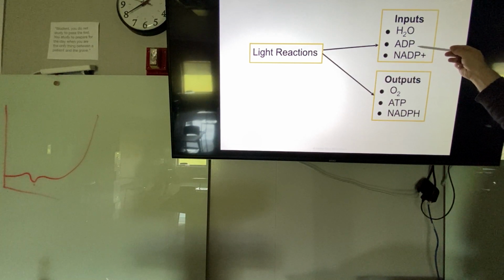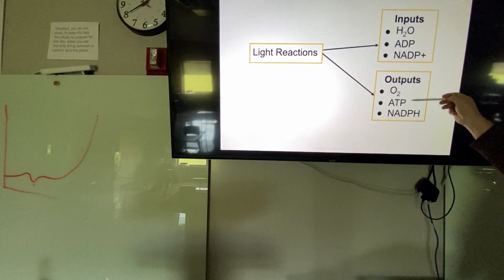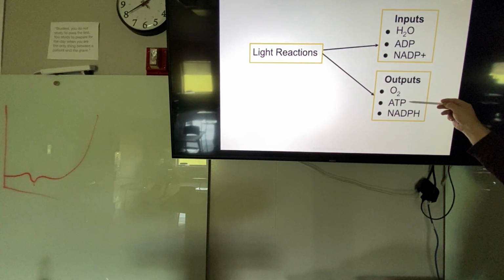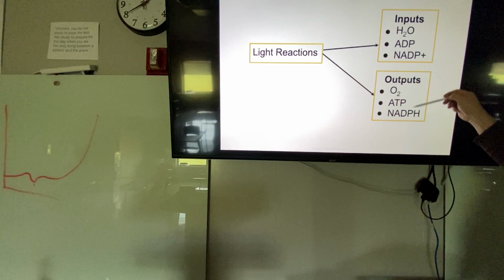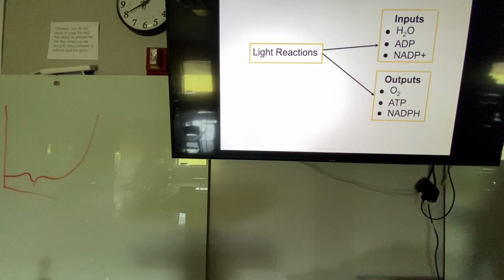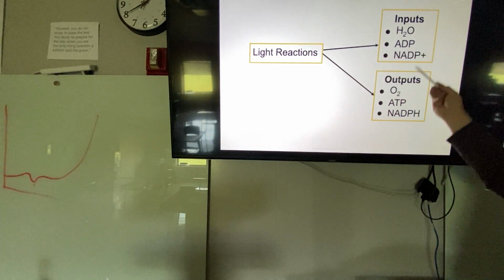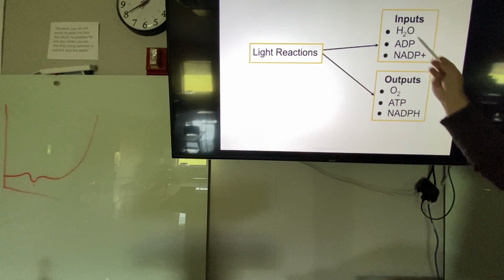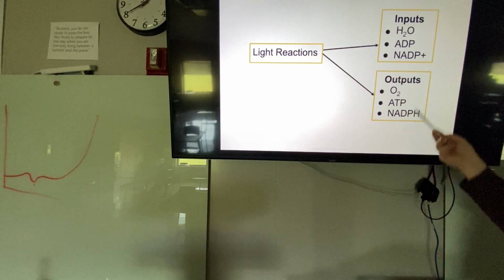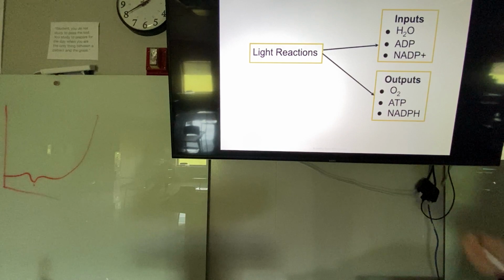This is low energy. We're going to use an anabolic process to put this back together. Is that exergonic or endergonic? Endergonic. We're going to do the same thing here. The water, we're really just using the hydrogens. After the hydrogens are stripped away, oxygen is a waste product.